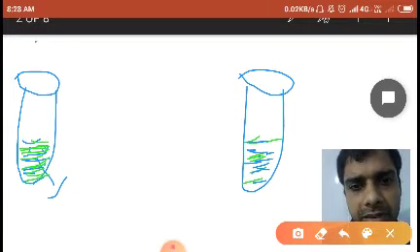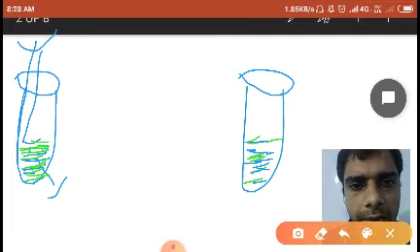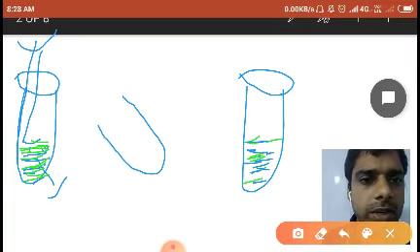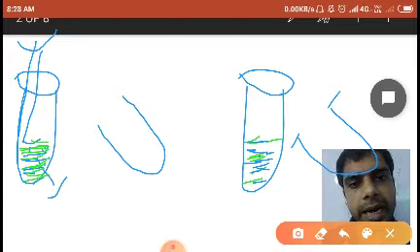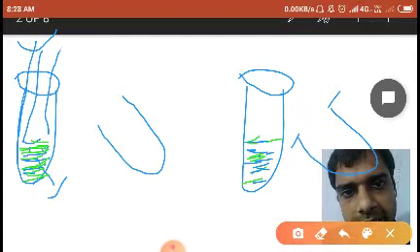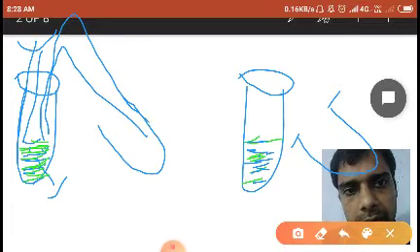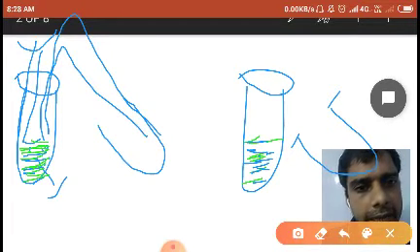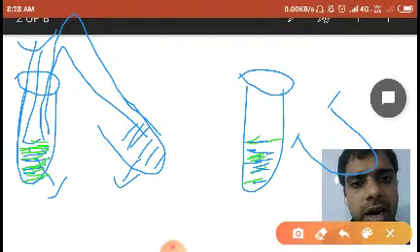The thistle funnel is present over there, no problem. Now I will take another test tube like this one, and I will add a delivery tube here. In this I have taken lime water.